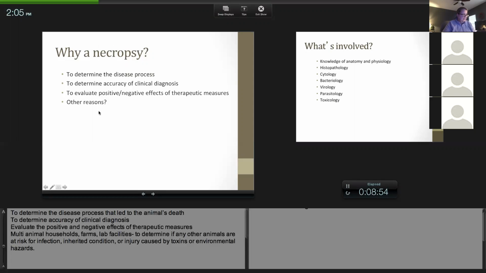But the other reasons listed below here: if you have multi-animal households, because if you have one die, and then especially the two other dogs start coughing, and maybe the one that died was coughing and these two are alive, we need to find out for sure what happened to the one that died.